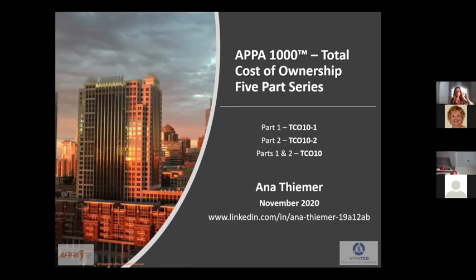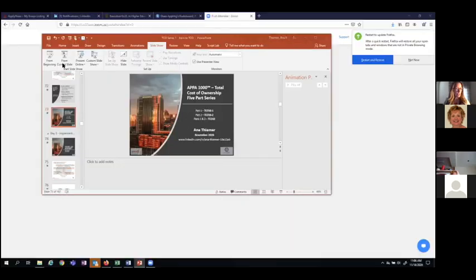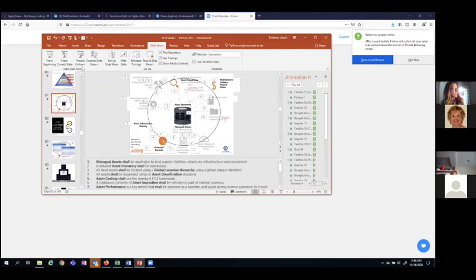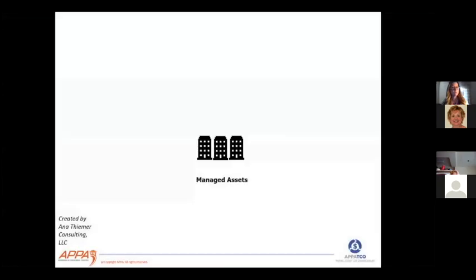We do a fantastic job of implementing this at the existing building level. We have our managed assets, we have our asset inventory. It's housed in two separate places, not just in one place.